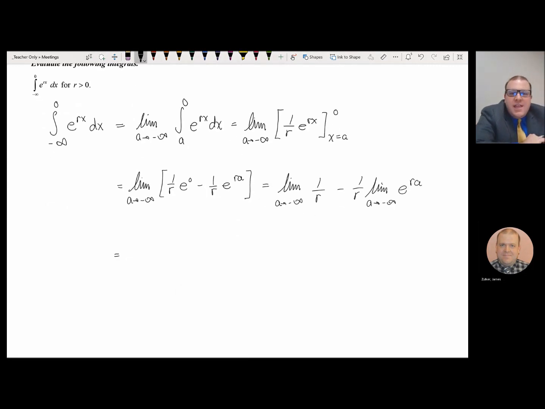Since 1 over r is constant, that first limit is just 1 over r, isn't it? All right, so the limit of e to the ra as a approaches negative infinity. And this is where the r being positive is important.